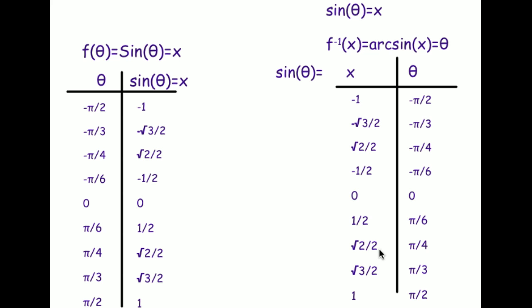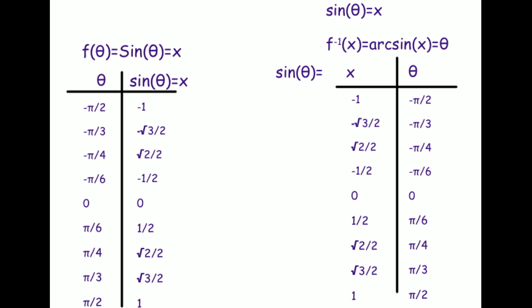But I know what you're thinking. Some of you are thinking, but wait a minute, Mr. Salazar. You're telling me what angle has a sine of 1/2, and you're telling me that the only answer is pi over 6?